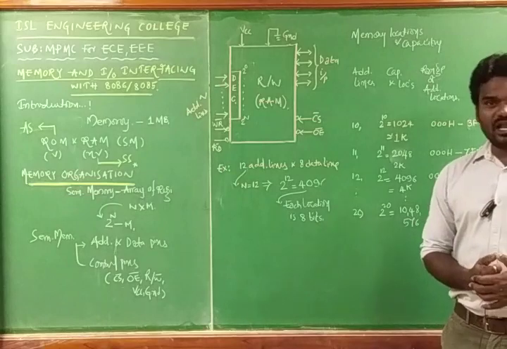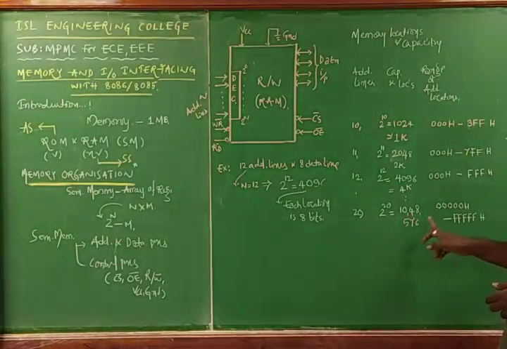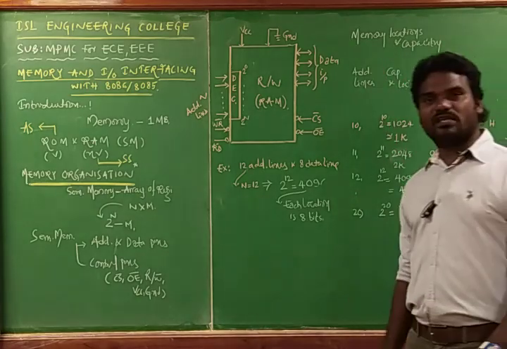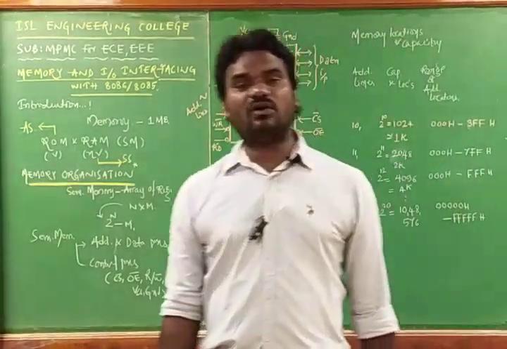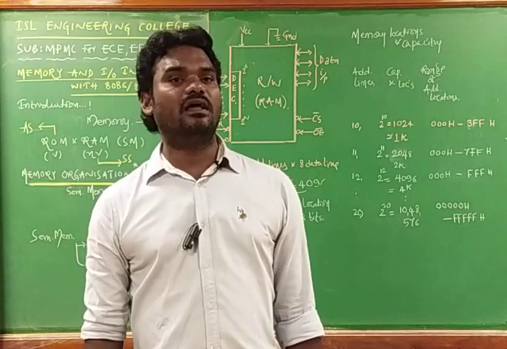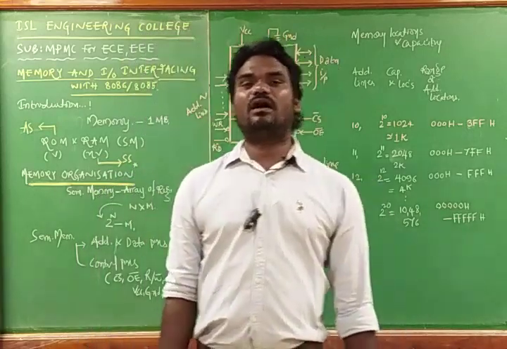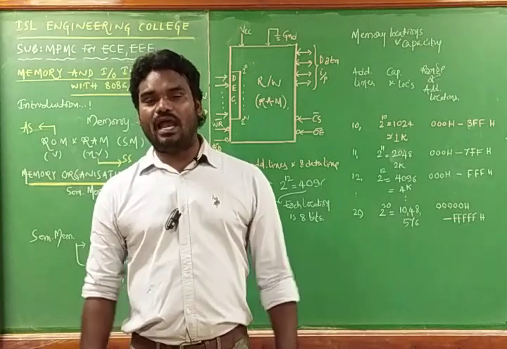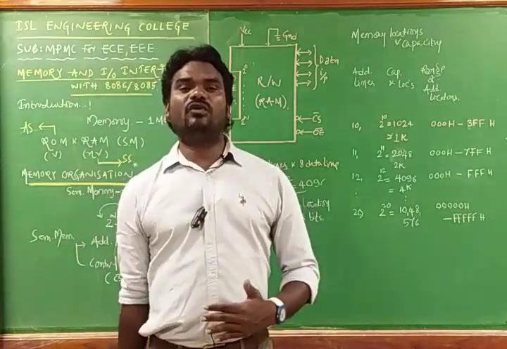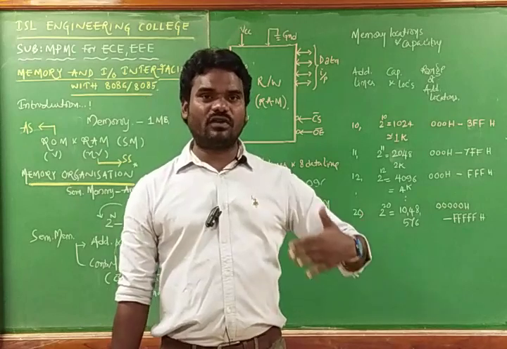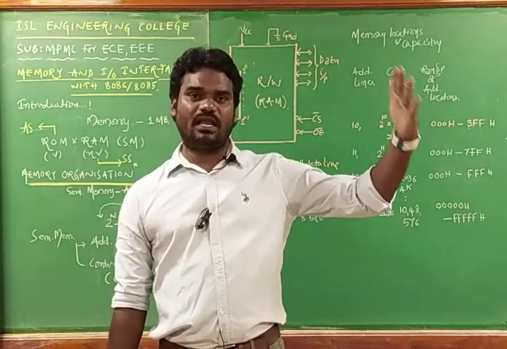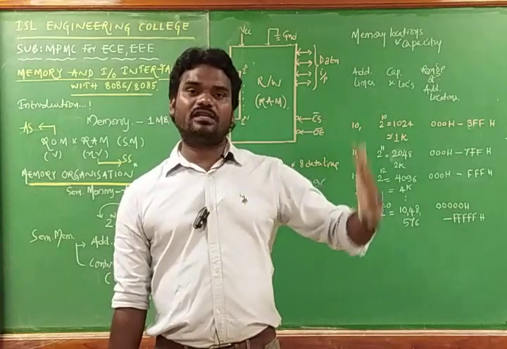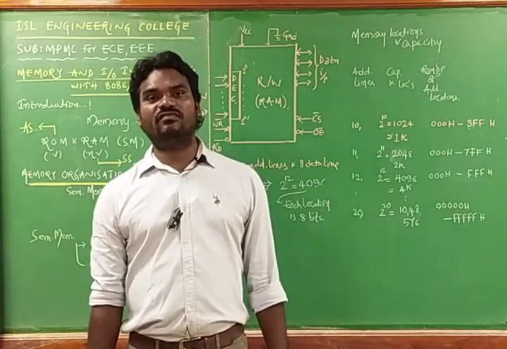The starting location of that 1 megabyte of memory is 00000H, and the last memory location, the 10,48,576th, is FFFFFH. In it we have the 4 segments, the first segment from 00 to somewhere, the second segment next, and the last segment's ending address will be FFFFFH.